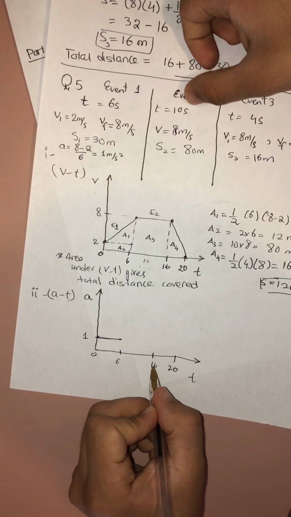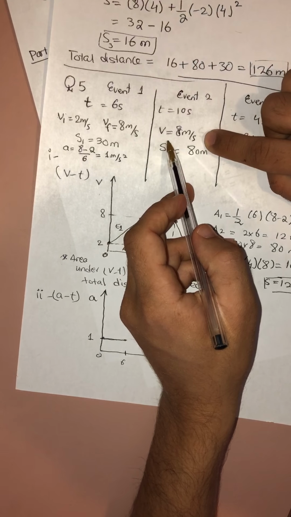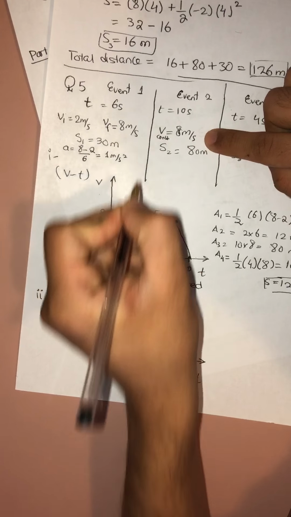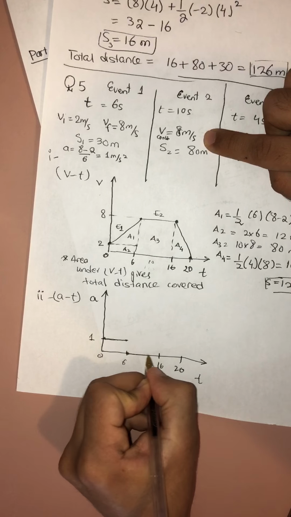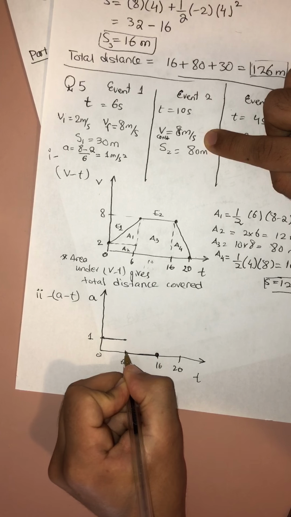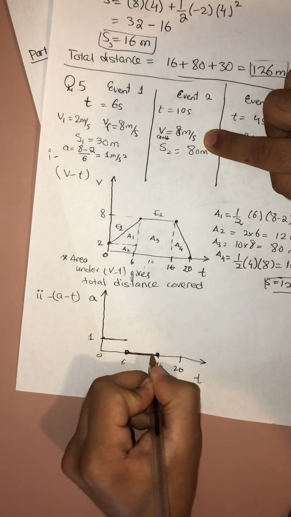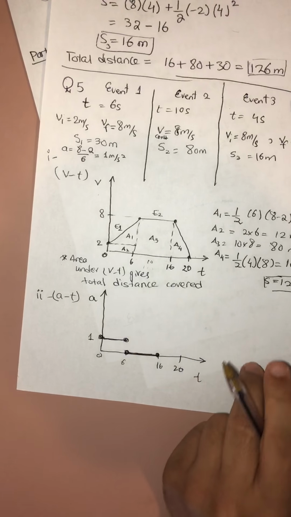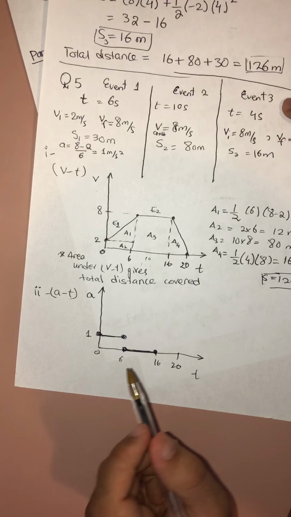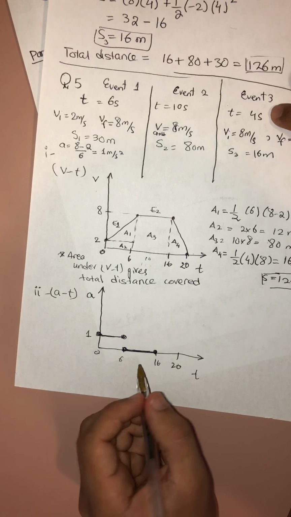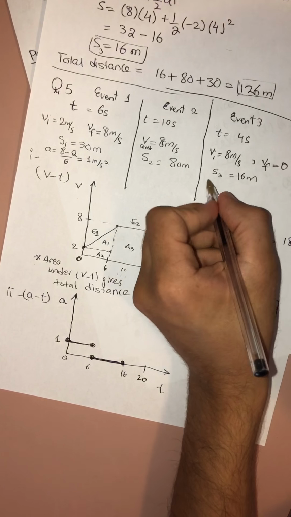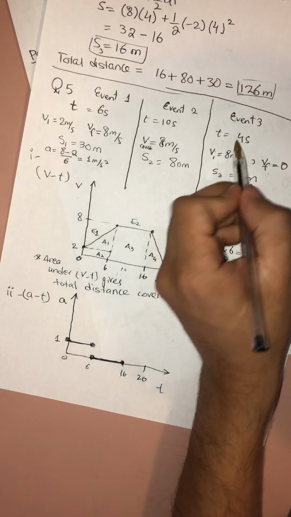From 6 to 16, since velocity is constant, it is not changing, that means acceleration is 0, so it will be somewhere here. And for event 3, from 16 to 20, we can find the acceleration because we have Vf, Vi and t.